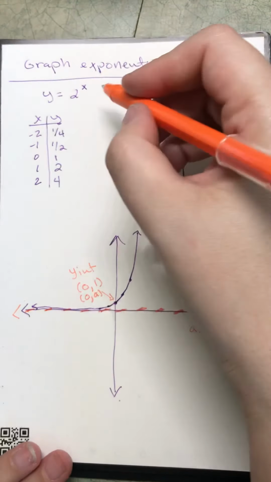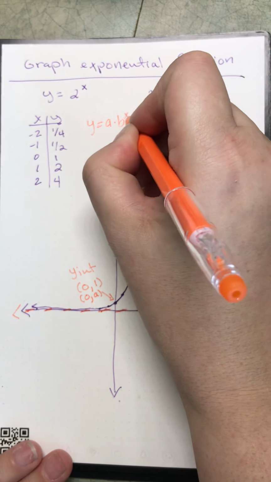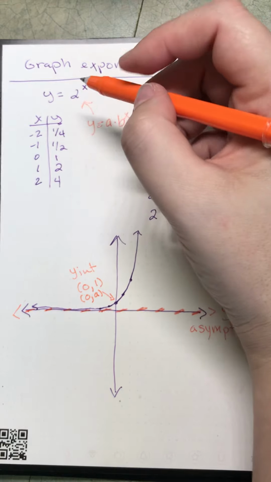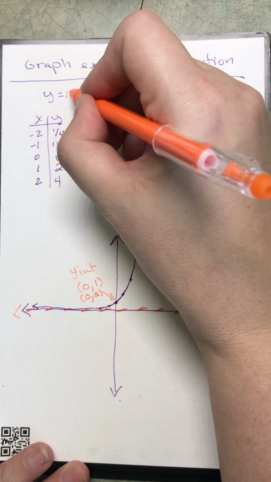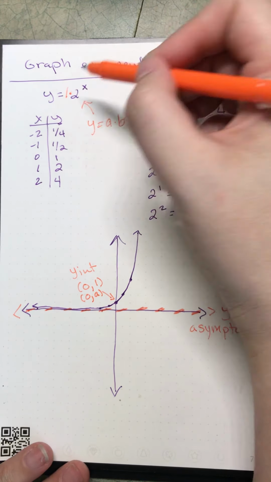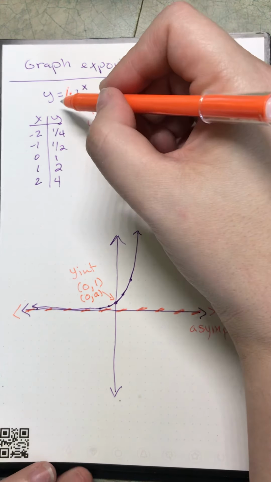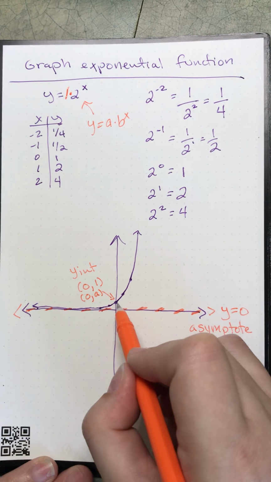So for this equation, if I'm thinking y equals a times b to the x, I don't have an a value. So we're talking multiplication, so the identity in multiplication is 1. In other words, 1 times anything just stays the same. So we have this invisible 1 here, which is why here our y-intercept is at 1.